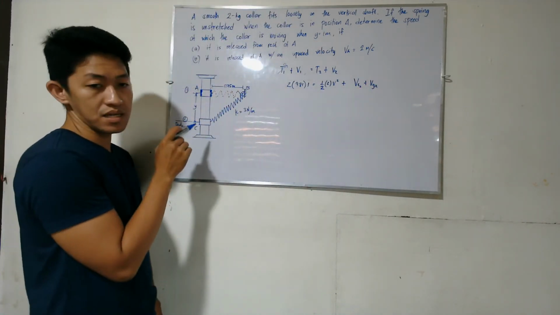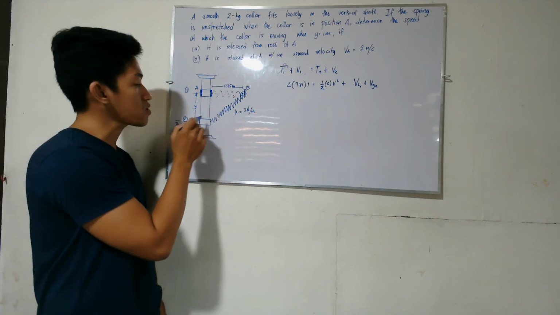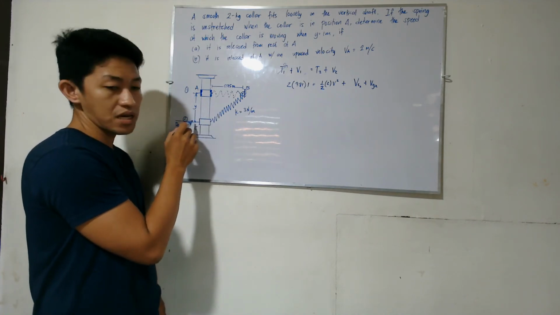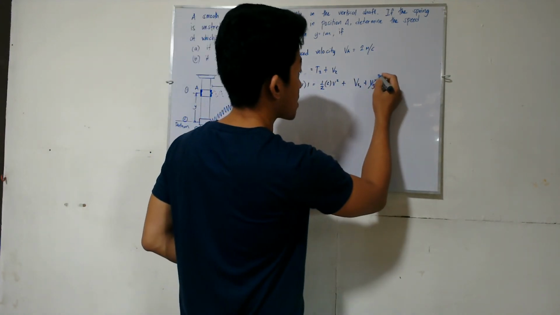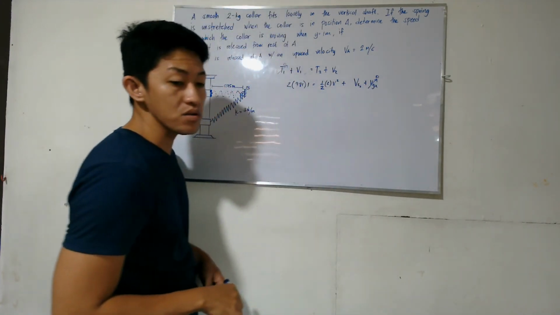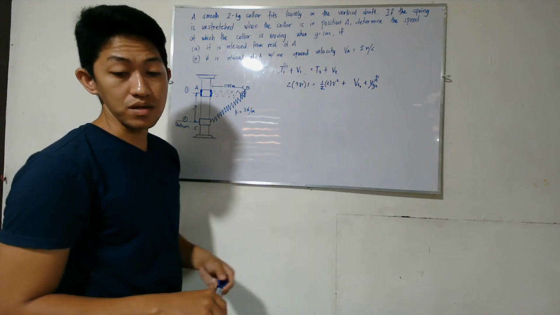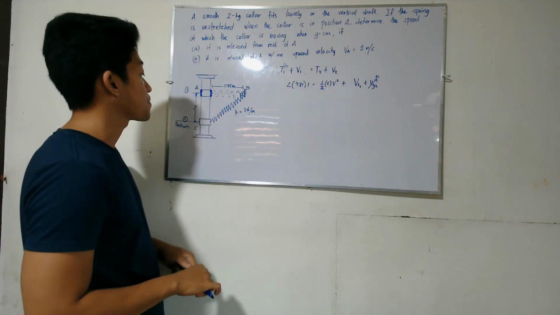But the gravitational potential at point 2 is at the datum, there is no height difference, so it is 0. What we need to find is the elastic potential.